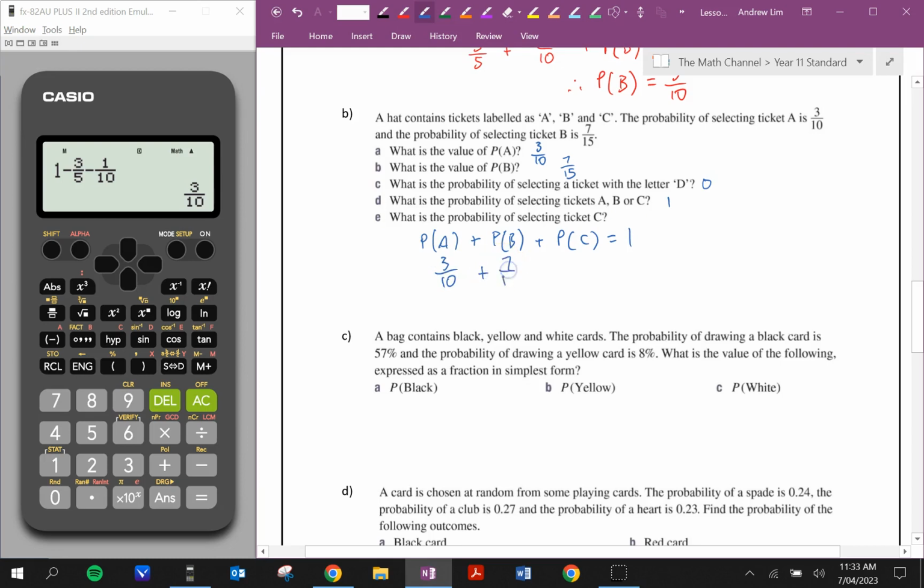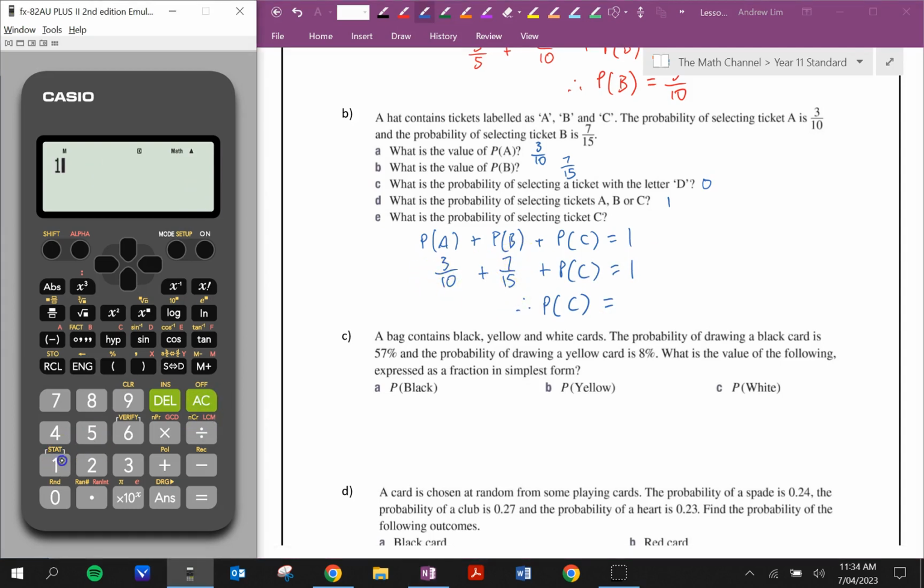B is 7 on 15. So we can now work out that the probability of C is 1 minus 3/10 minus 7 on 15, which is 7 on 30.